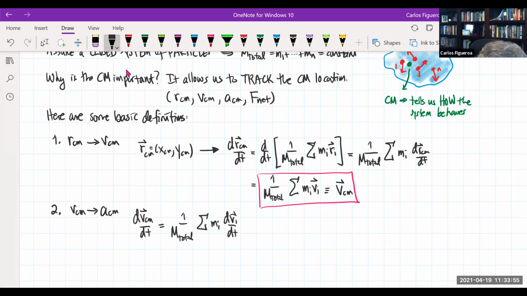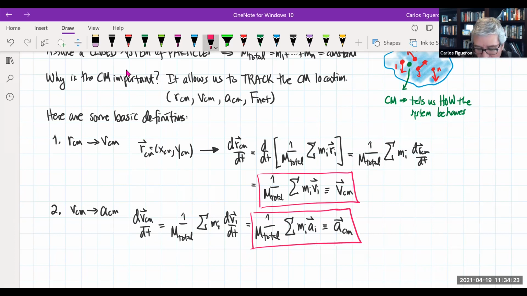And so then we define a new expression. Wait, let me be careful. I haven't defined it yet. I jumped the gun a little bit. But now I have all of the individual accelerations multiplied by the mass. We then define a new quantity called the acceleration of the center of mass. And so it makes sense here that if I have a closed system, I can define these constants.